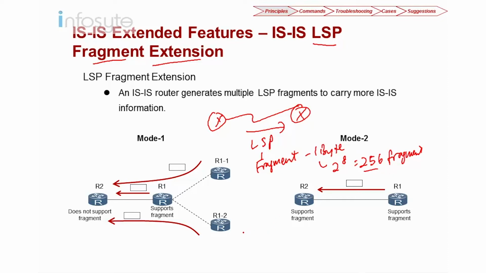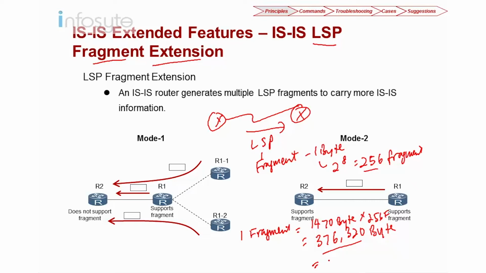If I do the math over here, 1 fragment can cater roughly about 1470 bytes, including the overhead. If I multiply by 256 fragments, it gives a calculation of roughly 376,320 bytes.